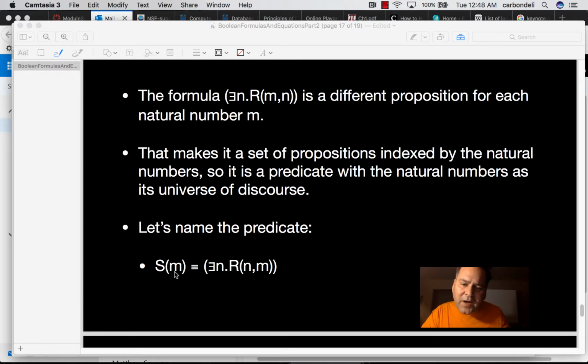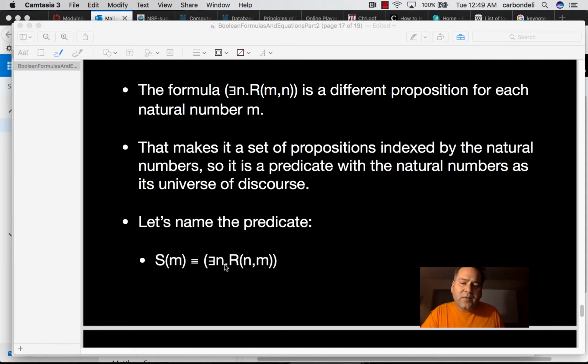So if we describe S of m as for some n, R of m, n, we can then substitute S of m for what appears on the right-hand side of these 3 bars. And alternatively, we can substitute this expression on the right for this expression on the left.